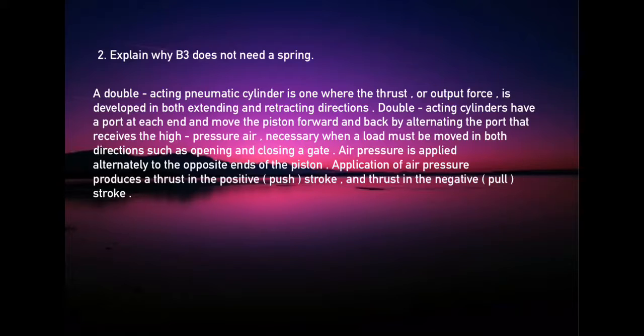Double-acting cylinders have a port at each end and move the piston forward and back by alternating the port that receives the high pressure air, necessary when a load must be moved in both directions, such as opening and closing a gate. Air pressure is applied alternately to the opposite ends of the piston. Application of air pressure produces a thrust in the positive push strokes and thrust in the negative pull strokes.